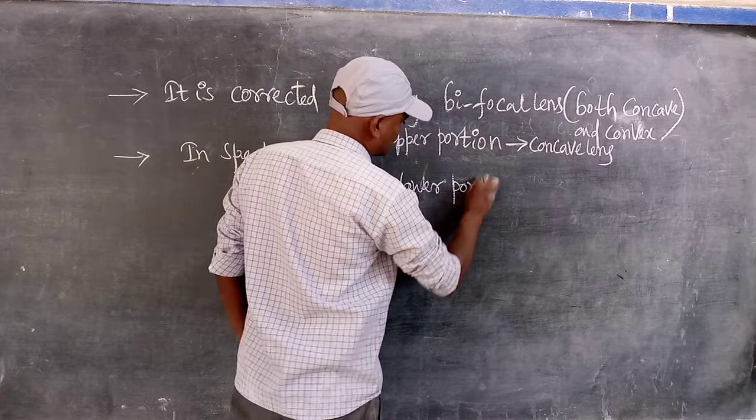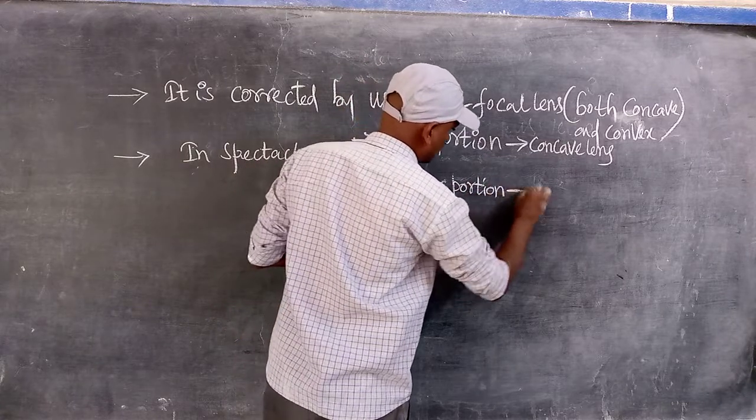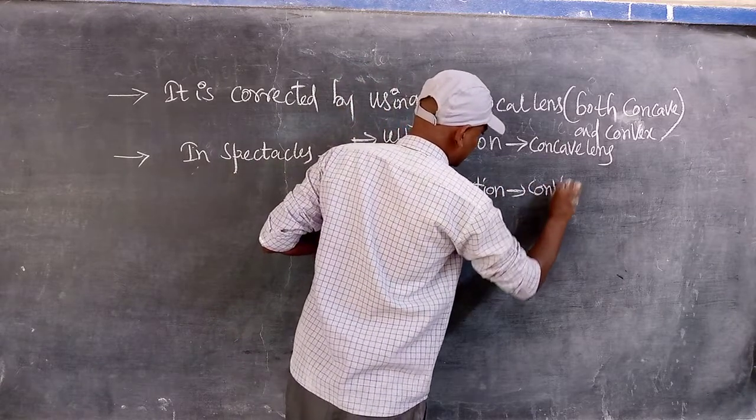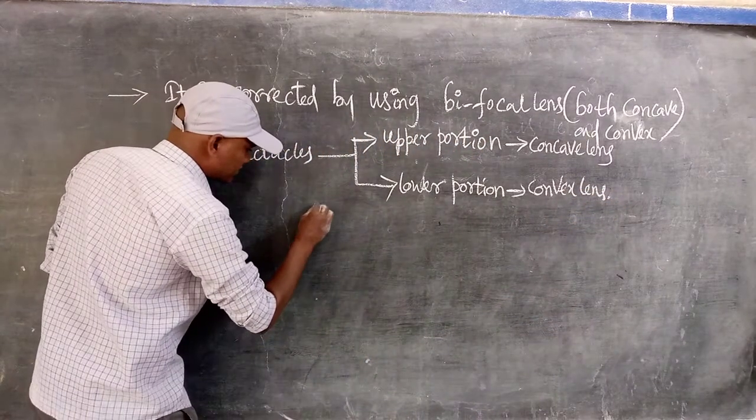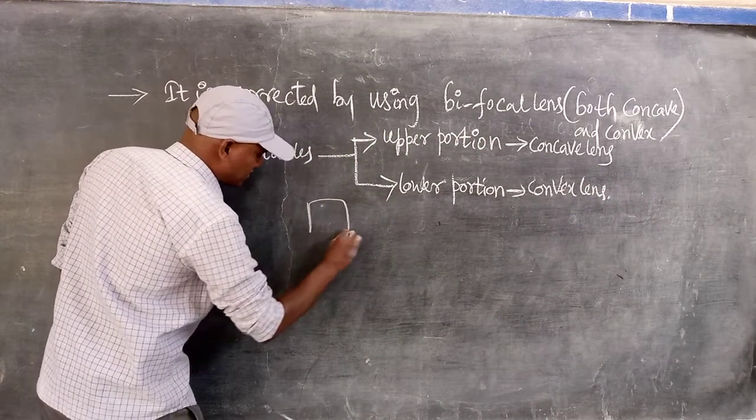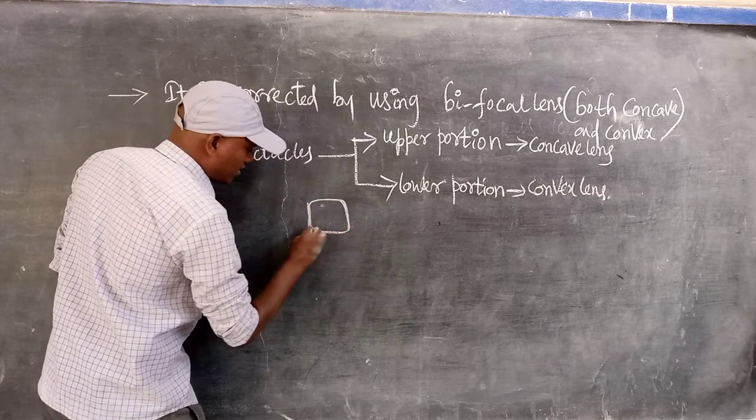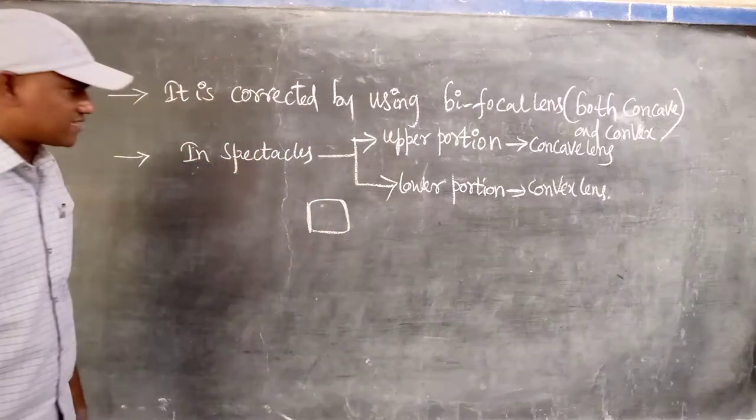The lower portion is convex lens. So it is one lens in the spectacles.